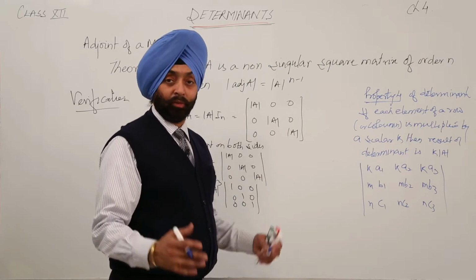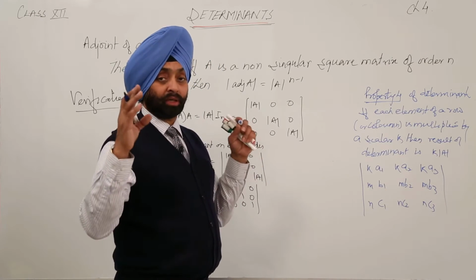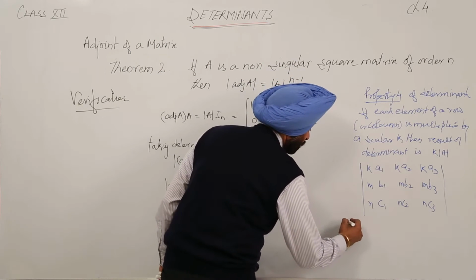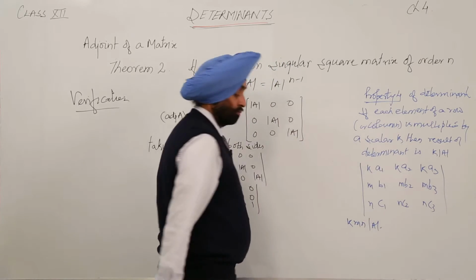Then what will the result be? We take k from row 1 common, m from row 2 and n from row 3. So the result will be k m n with the determinant.